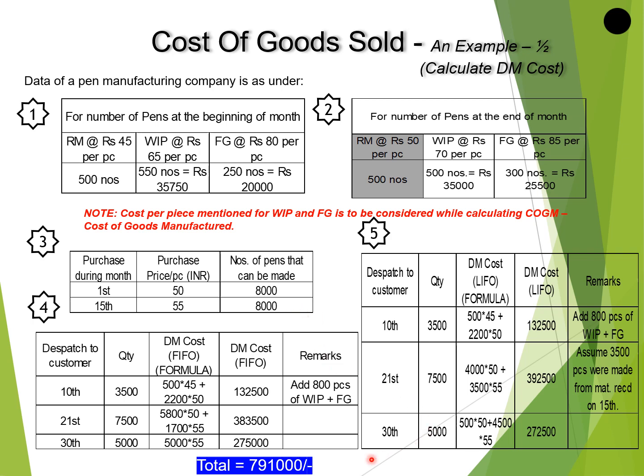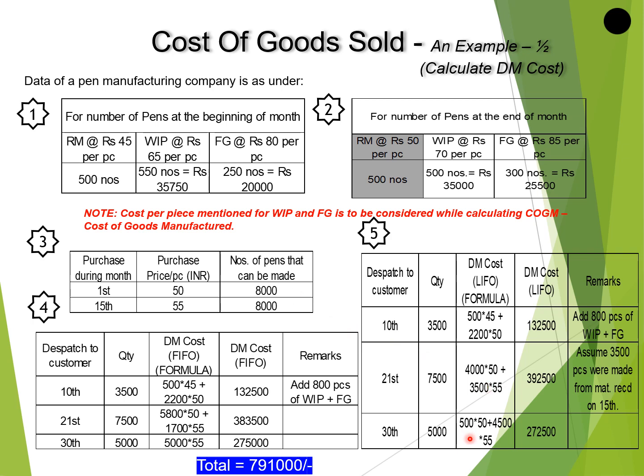And 30th dispatch was 5,000 numbers, and all these 5,000 pieces were to be dispatched from last lot. Since I have already taken 3,500 from this lot, so balance availability with me was 4,500 pieces. So 4,500 pieces into 55 plus 500 pieces I took from the previous lot.